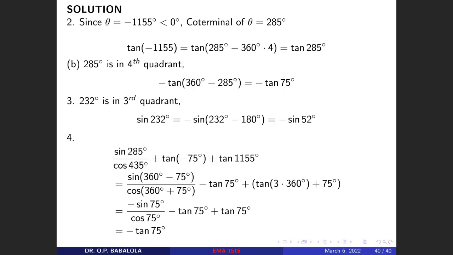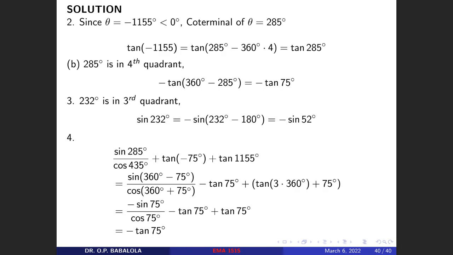And then we have sine, it's in the third quadrant, sine of 180 times 1, that's 1 rotation, plus... we're not using 360 because it falls in the third quadrant. I don't want you to get yourself confused.